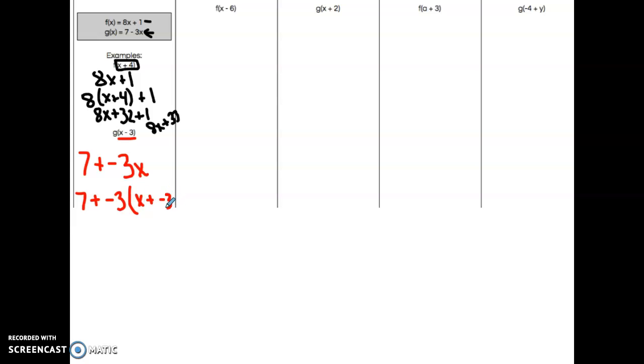Anytime you have subtraction, I think it's a little bit easier if you do plus negative, so you can see that you're multiplying negatives and positives. I'm going to distribute negative 3x, and this is going to become positive 9. So we've got 7 plus negative 3x plus 9, and I can combine the 7 and the 9 to become 16.